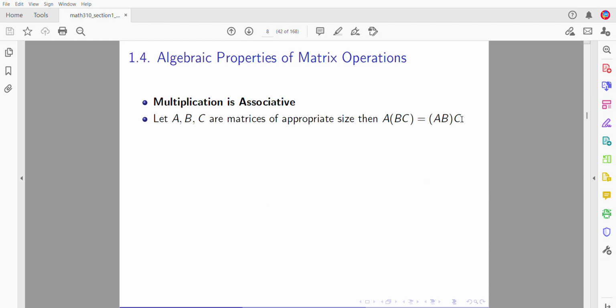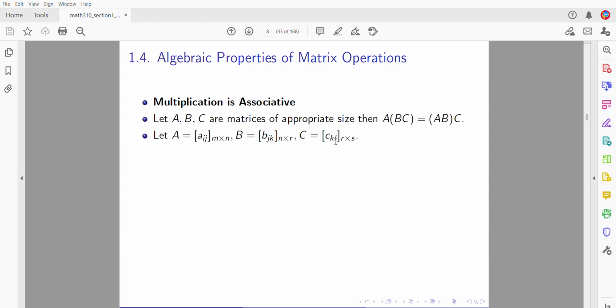Now this requires summation notation. Let A equal matrix Aij, B be matrix Bjk. So notice I've used a different variable, Bjk. Why? I ended A at J, I start B at J here. Likewise, C be matrix Ckl. I ended B with K, so I started C with K.